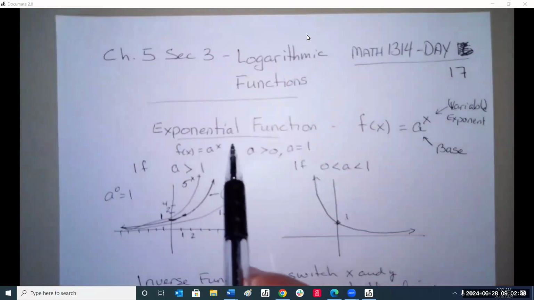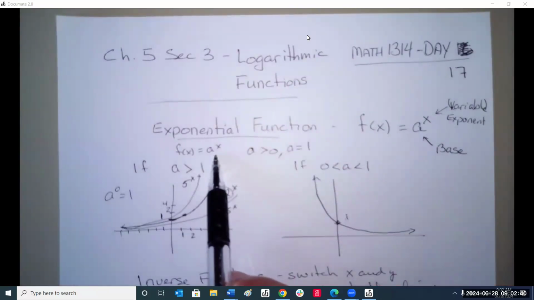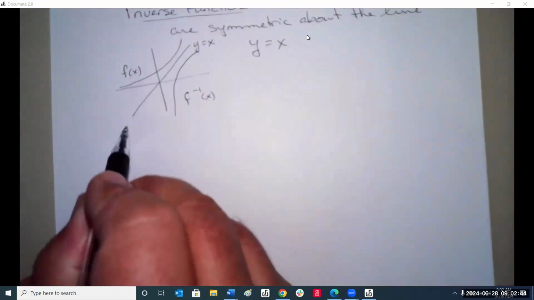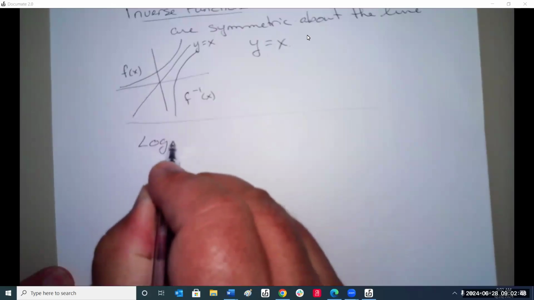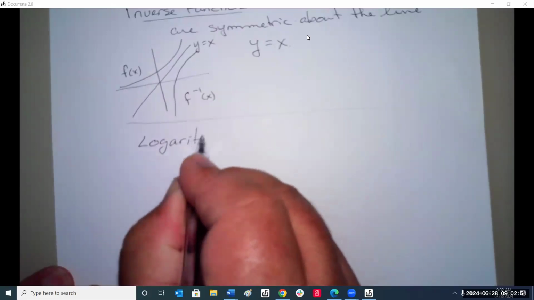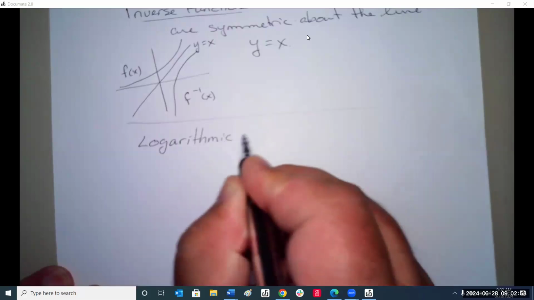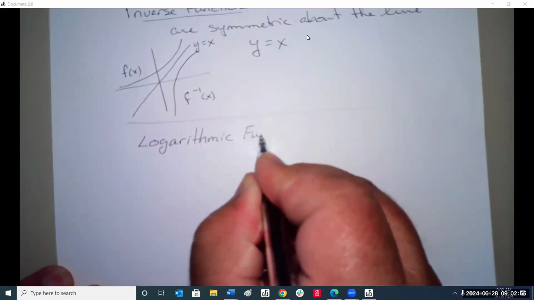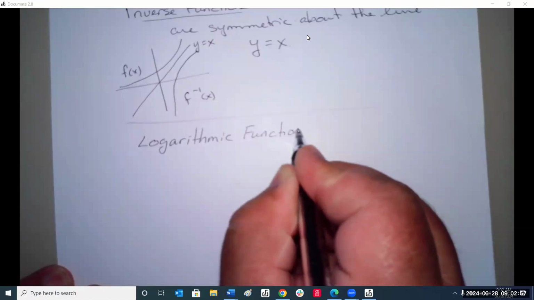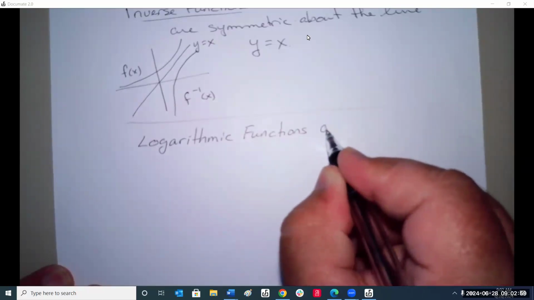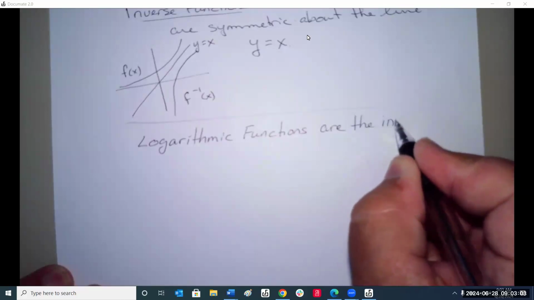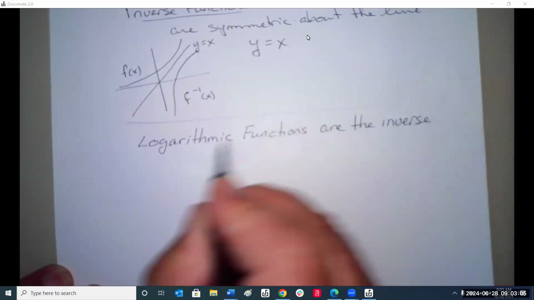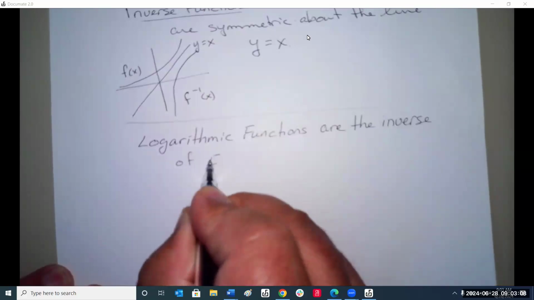Logarithmic functions are the inverse of exponential functions.